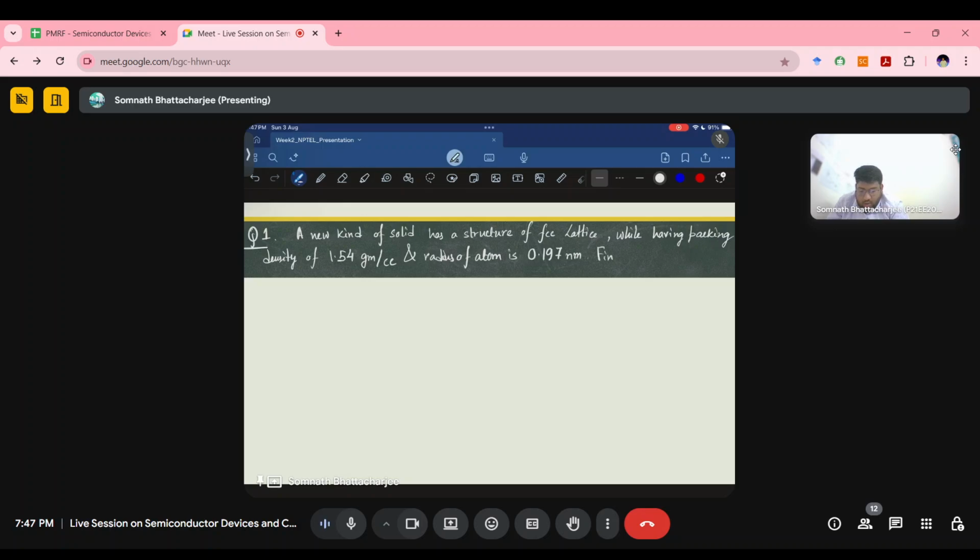Find out the solid. Please try it and try to get the answer. Then I'll share how to solve this.